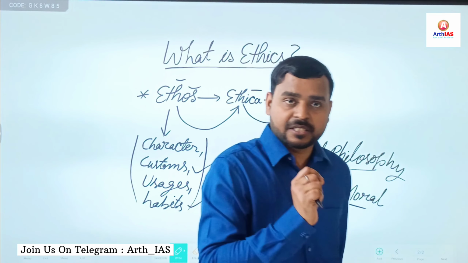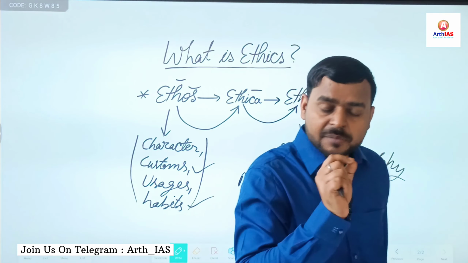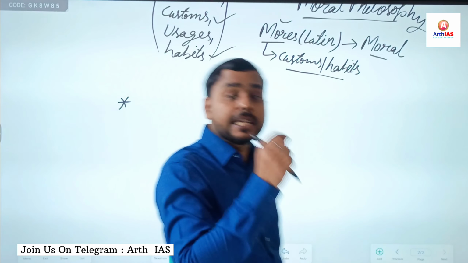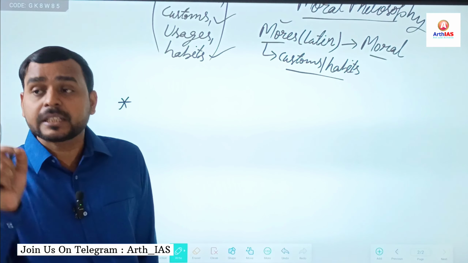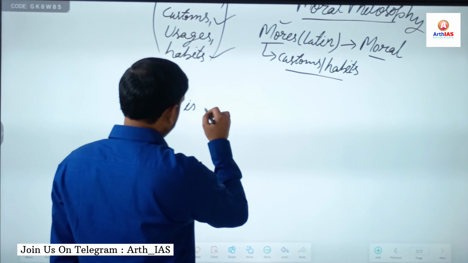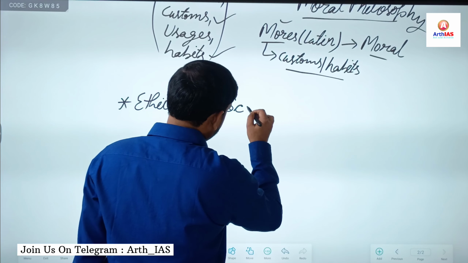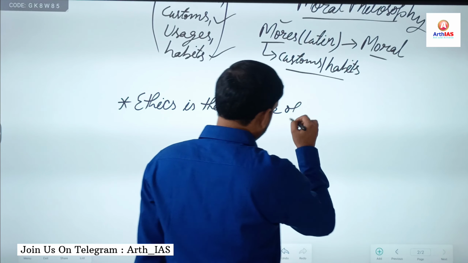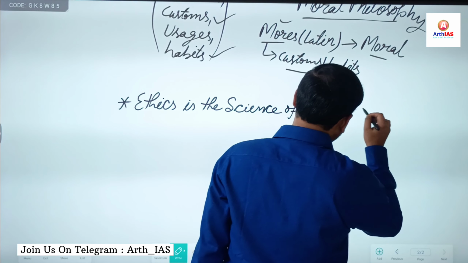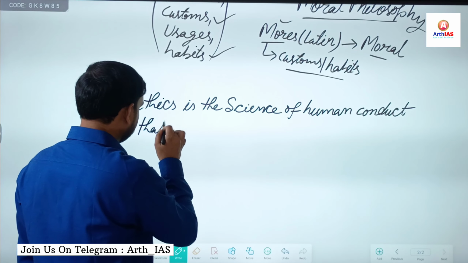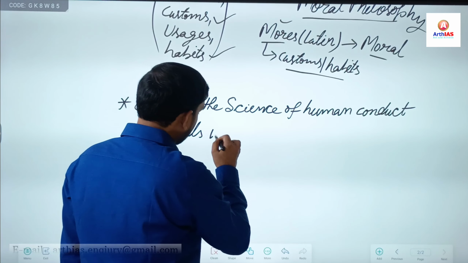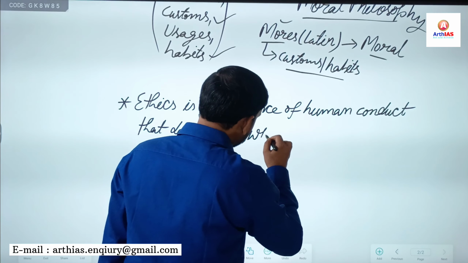Now, if you have to define ethics in simple terms, you can write, in simple terms, ethics is the science of human conduct that deals with what ought to be done rather than what is done.